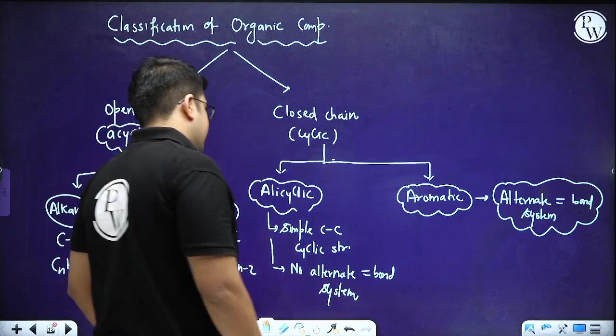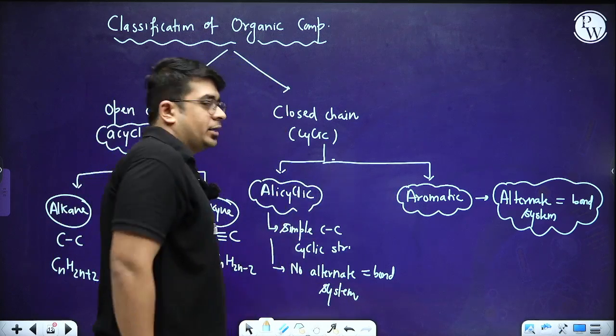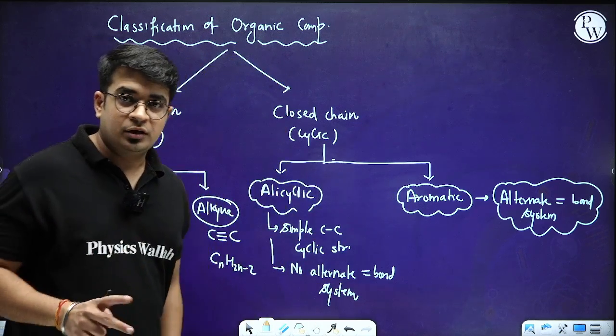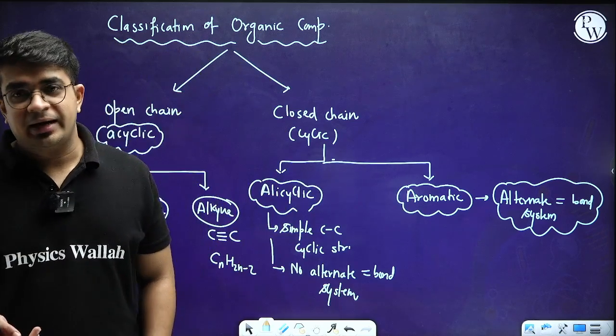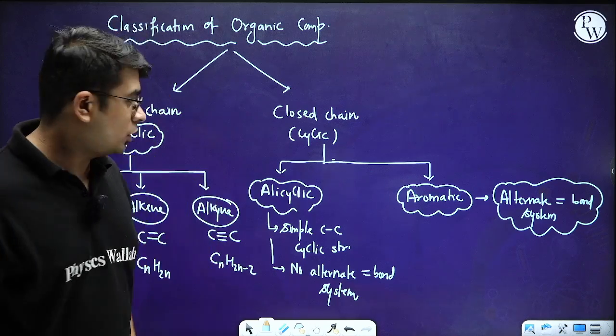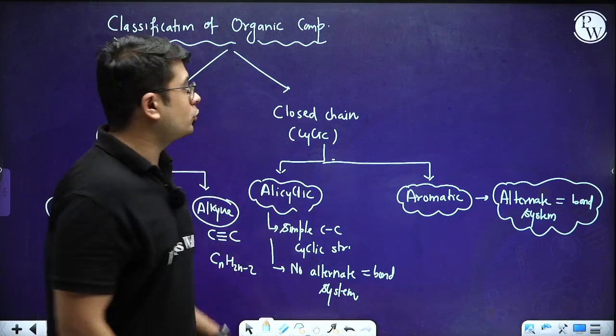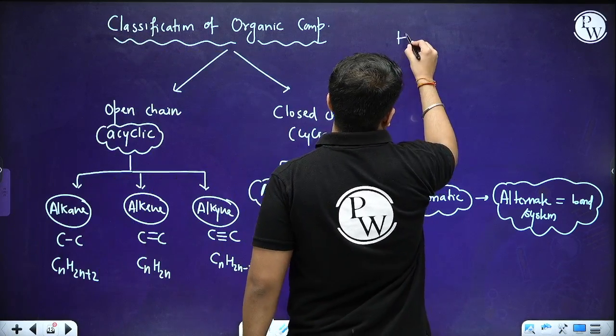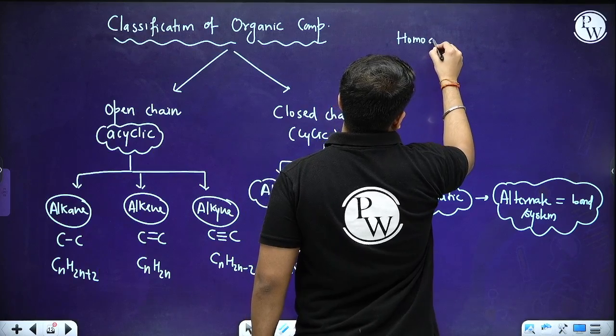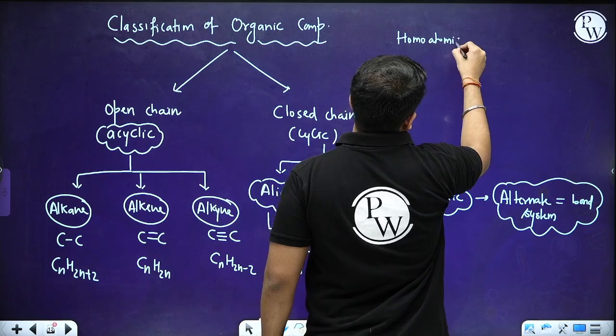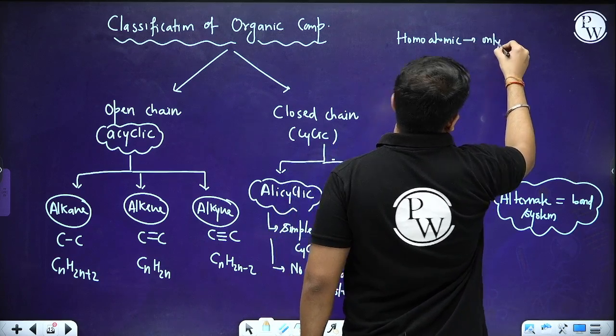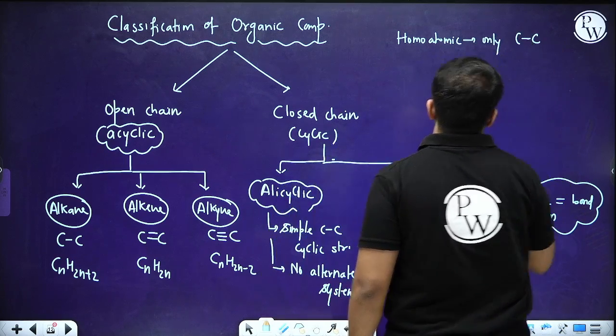Now in this case, this alicyclic as well as aromatic part is again divided into two portions. First one is homoatomic and next one is heteroatomic. Okay, homoatomic means only carbon and carbon bonds are present.